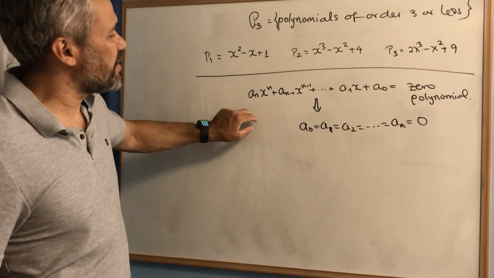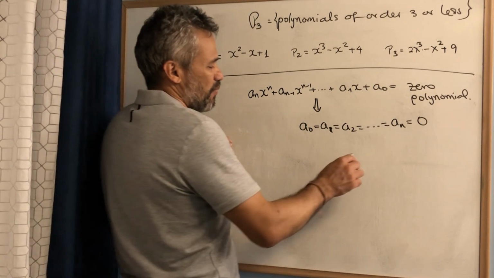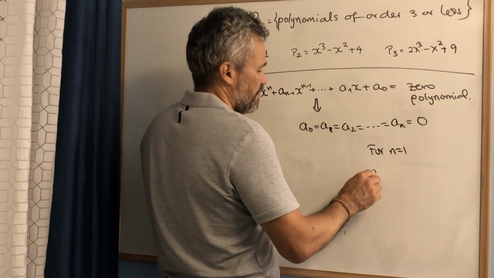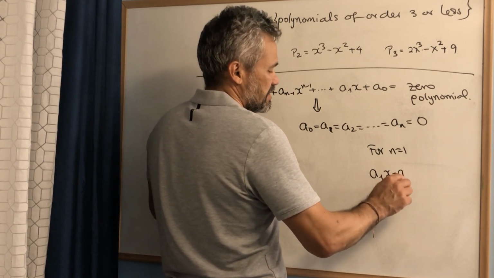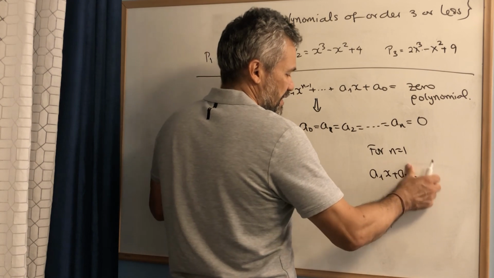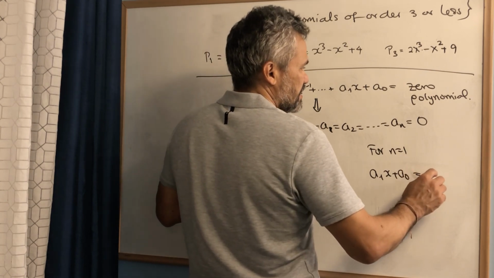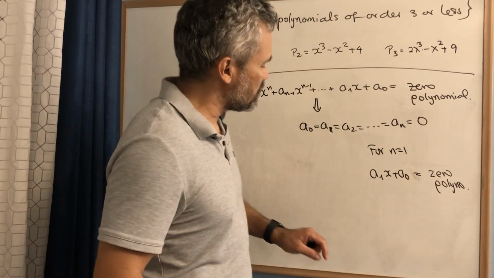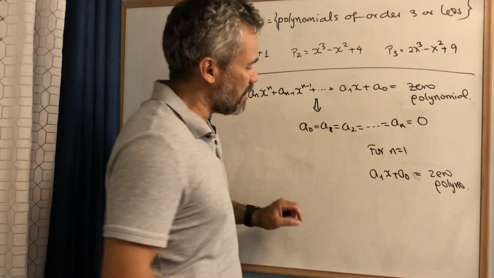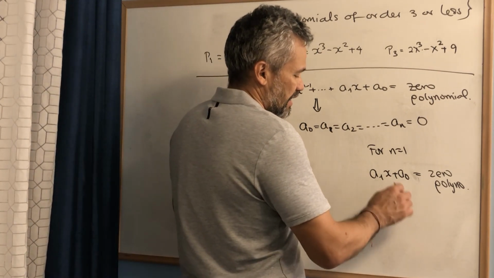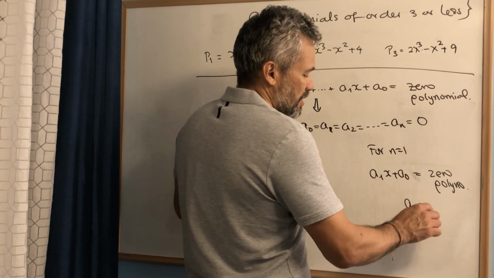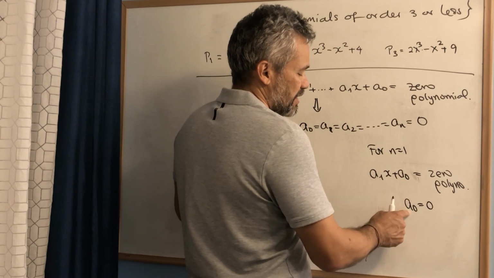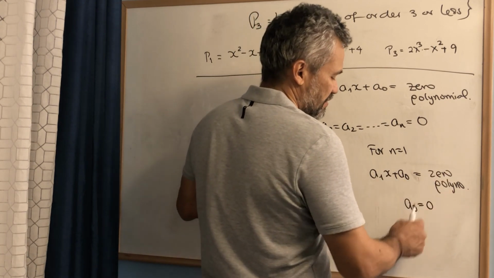Actually, let me just prove this for the case when n is equal to 1. Let's suppose that we have a1 x plus a0 equal to the 0 polynomial. Then this is the equality of two functions. If we take x equal to 0, then a0 must be equal to 0, because this function evaluated at 0 is a0 and the 0 polynomial evaluated at 0 is 0.